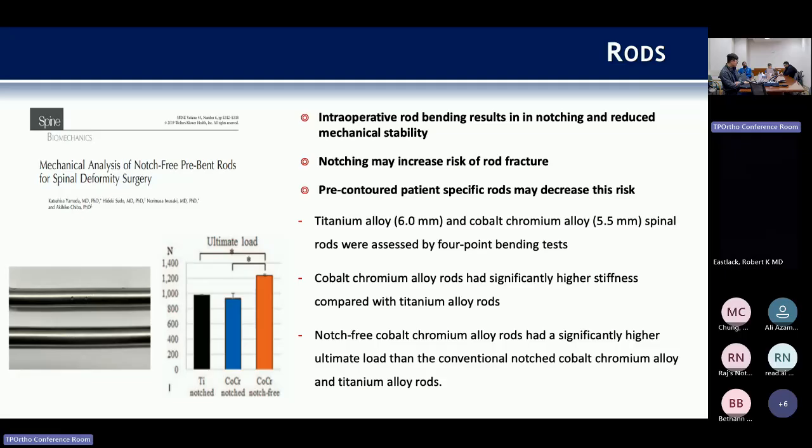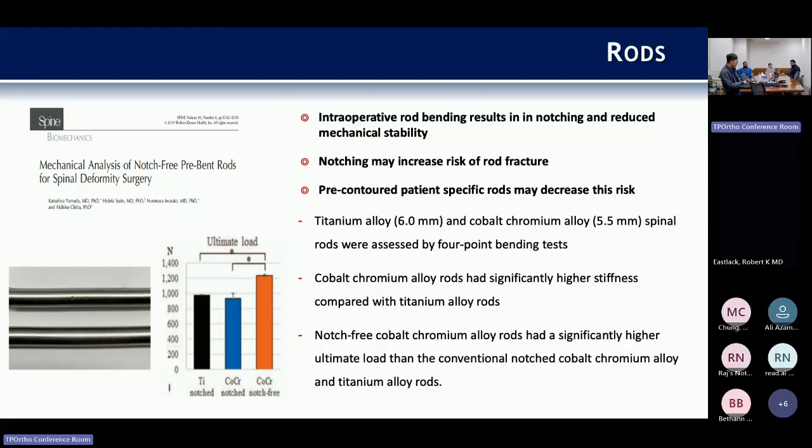Intraoperative rod bending is essential to spine surgery in terms of fusion and fixation. What's important to understand is that when you bend these rods, they introduce notches which act as stress risers. This can reduce the fatigue strength of the rod and increase the likelihood of rod fracture down the line.